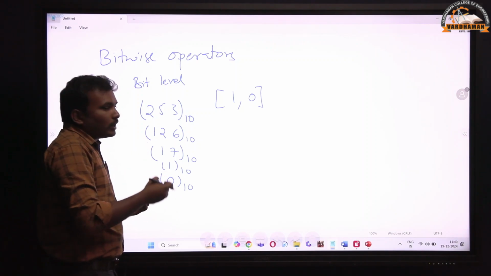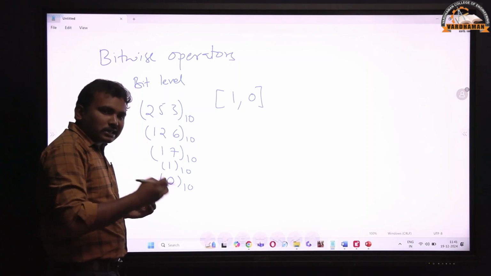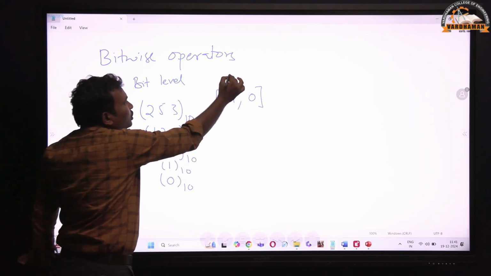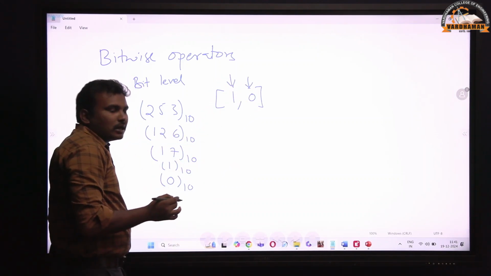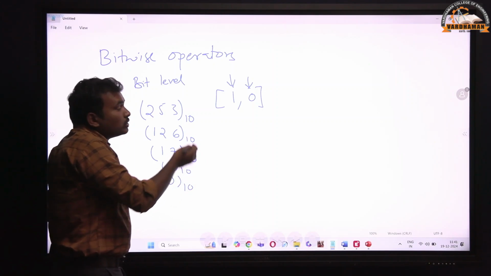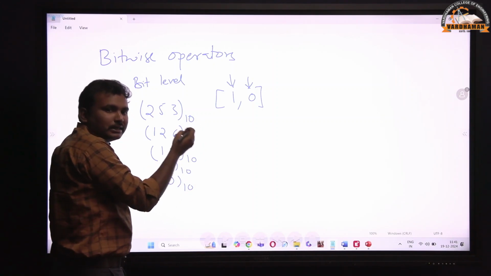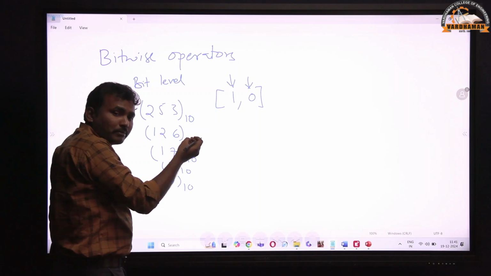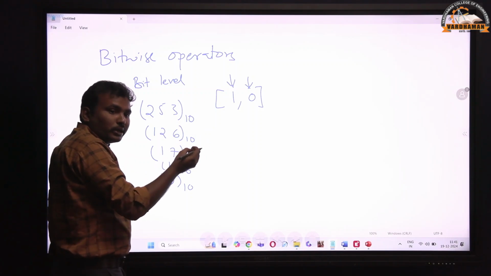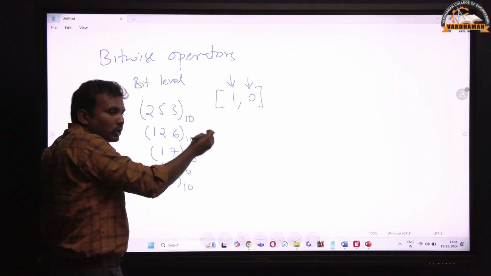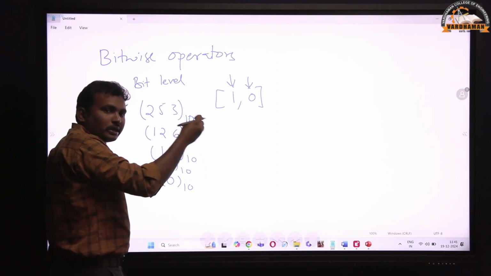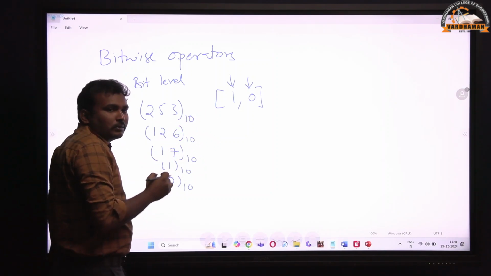But when you write in binary format, to construct a number you are allowed to use only two digits: either 1 or 0. So what is 1 and what is 0? 1 means you are including a power of 2 at a particular position, and 0 means you are not including that power of 2 at that position.